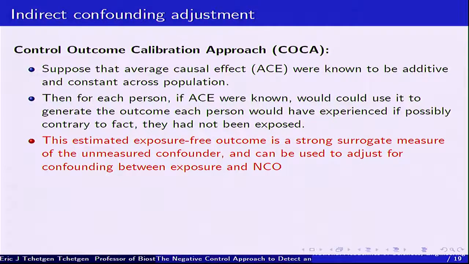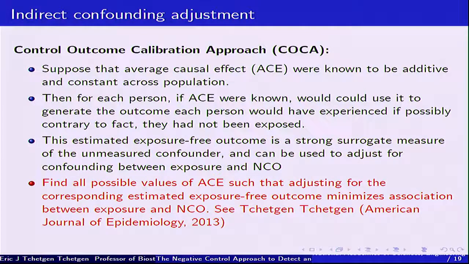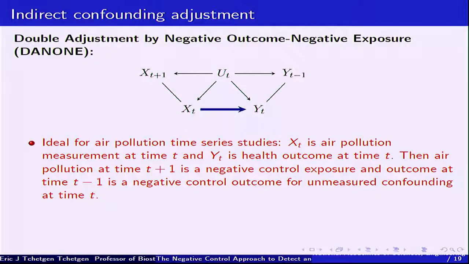And you use your causal model to predict what the unmeasured confounder might be, and adjust for it to recover the association. You can play this exercise and generate all possible values of average causal effects, such that adjusting for the corresponding estimated exposure-free outcome minimizes the association between the exposure and the negative control outcome. And we have software for this available.